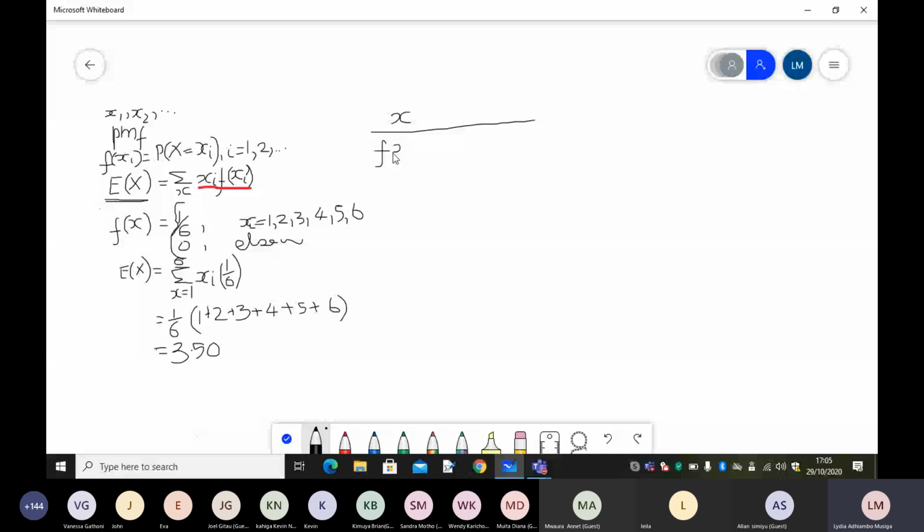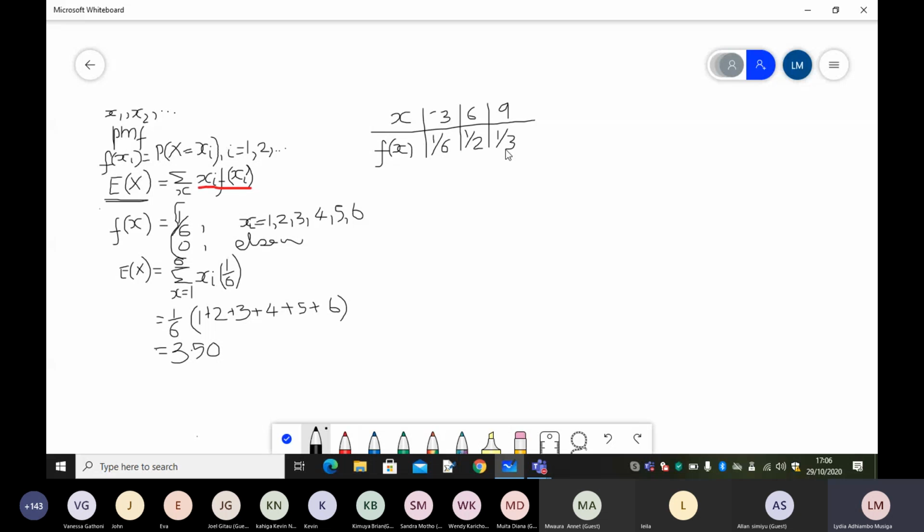X is minus 3, 6, and 9, with probabilities 1/6, 1/2, and 1/3. So that is the probability distribution. And we know that 1/6 plus 1/2 plus 1/3 should be equal to 1.